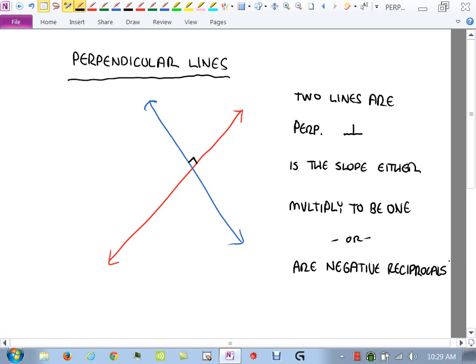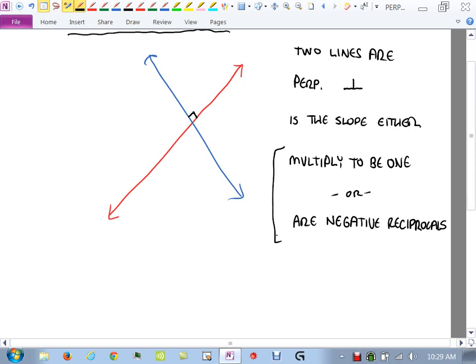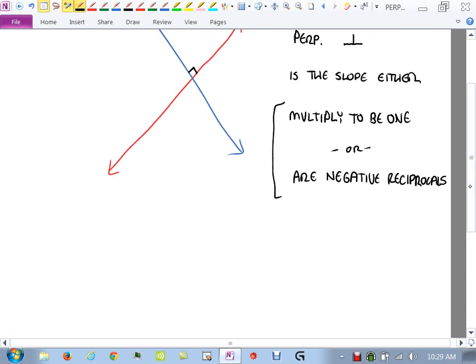What is a negative reciprocal? That's what it takes for two lines to be perpendicular.